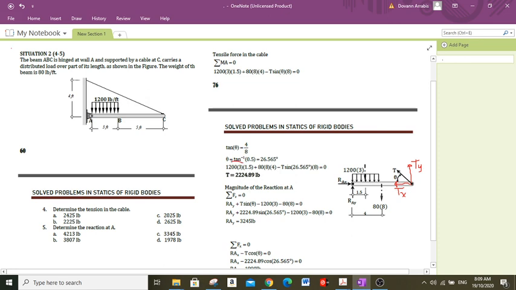Then 1200 times 3, since this distributed load is from point A to point B, which is 3 feet, and 80 times 8, this is the total weight of the beam, since the length of the beam is 8 feet.